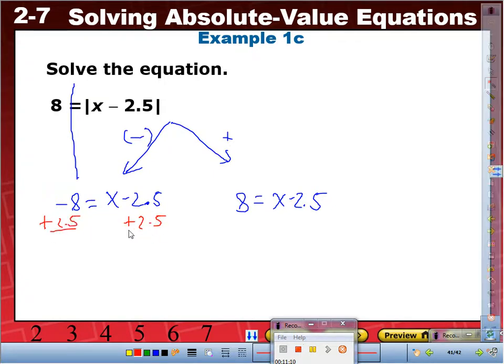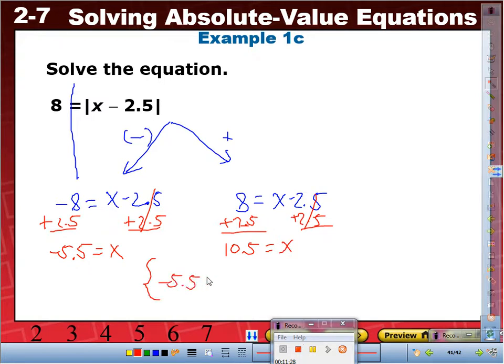So therefore, this is negative 5.5 equals X. And this one, add 2.5, add 2.5. 10.5 equals X. So therefore, my solution set is negative 5.5, comma, 10.5.